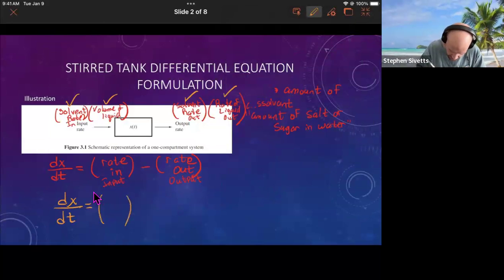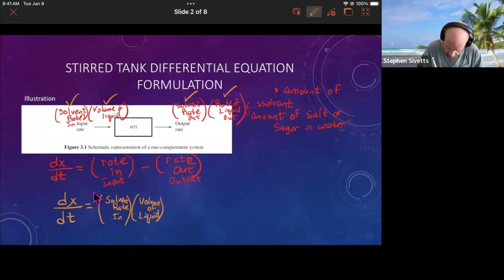Well, really, it's just the solvent rate that's coming in times the volume of the liquid minus, or I should say the concentration here, because it's mixing in with the solvent, the salt, and then the water.